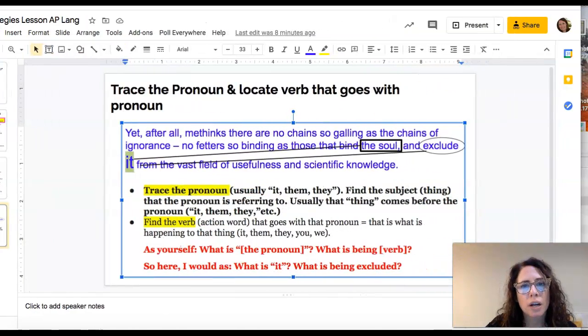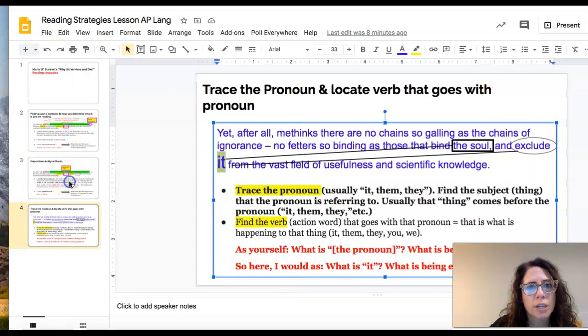So that's a very deep dive into close reading strategies that will come in handy with anything you read. I use them all the time. One is trace the pronoun back to the thing that pronoun is replacing, and what that thing is doing by locating the verb.